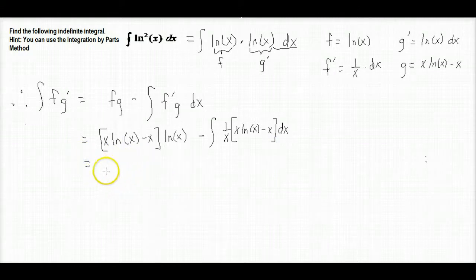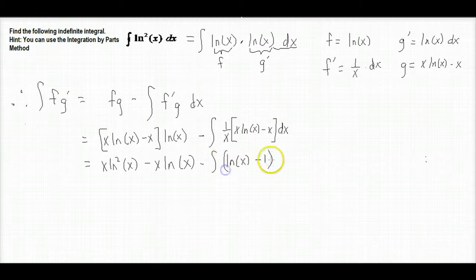And so multiplying through here, we'll have x natural log squared of x minus x natural log of x. When we clean up the function inside the integral here, we'll have natural log of x minus 1, all of that, dx.